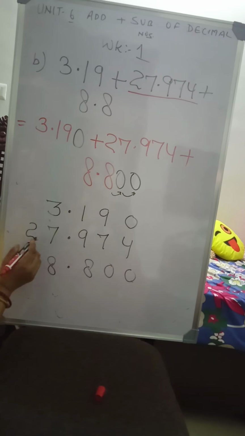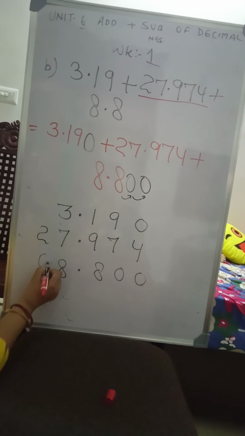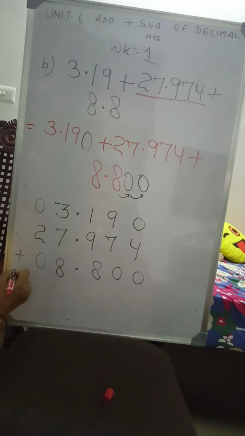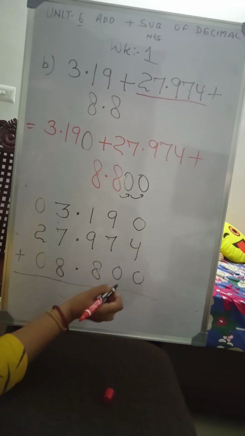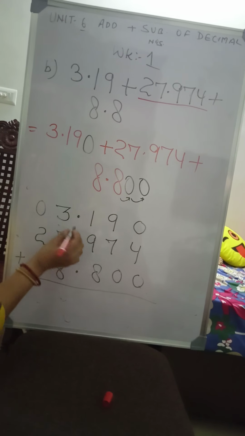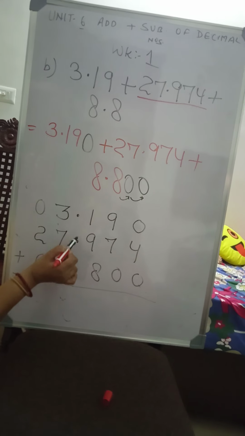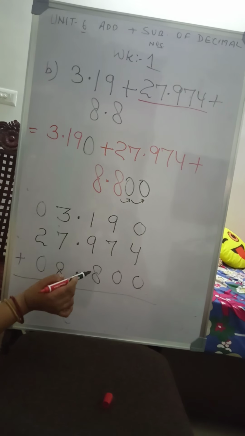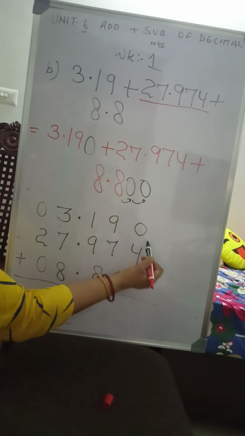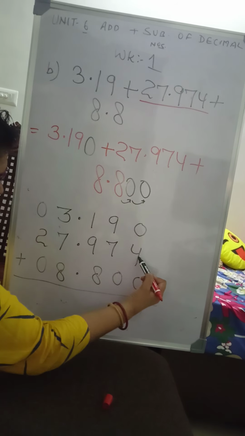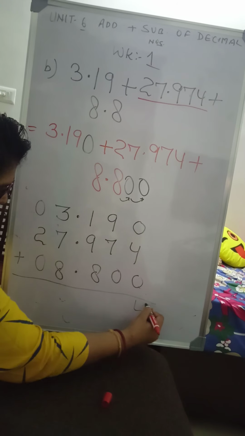Now put the vacant place 0, above it also 0. Now they are synchronized. Right? Now forget about this decimal. Here all of you see the decimals must follow one after another. Right? So now start from the right hand side. So start to add 0 plus 4 plus 0 is 4.